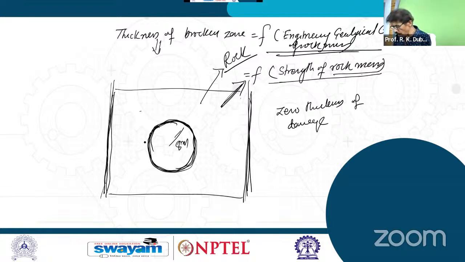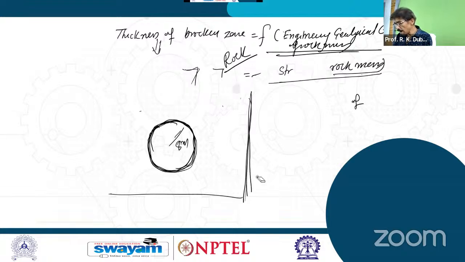So in strong compact rock, there is no damage zone, and the created tunnel is self-supporting. There is no requirement of any support system. So in intact rock, we have no problem.